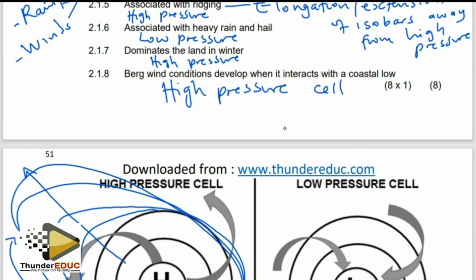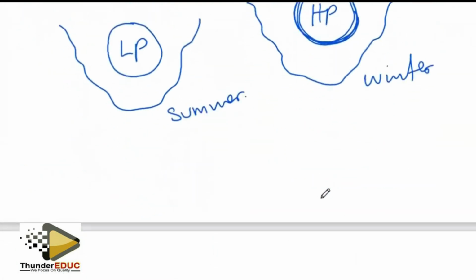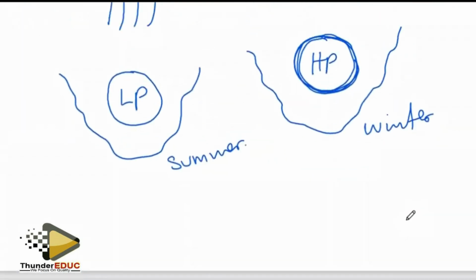So if I can illustrate that on a diagram, because they say big wind conditions develop when it interacts with a coastal low. Okay. So if this is our high pressure cell, for example, we're going to have our coastal low here, where we see L.